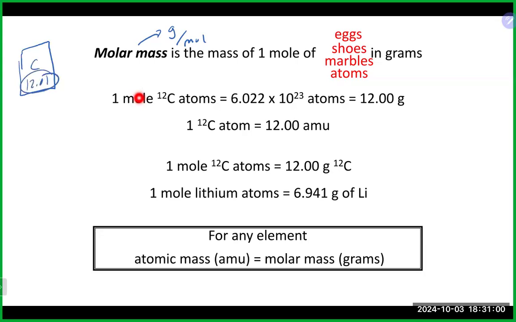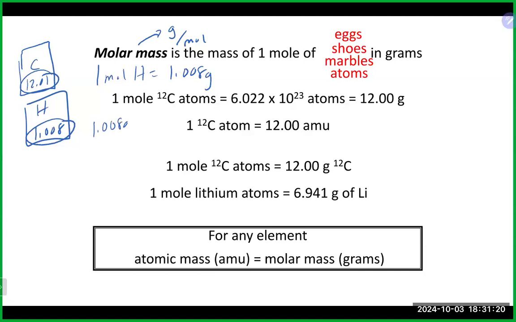It is that number on the bottom, and that is the molar mass, in addition to being the atomic mass of these things. And what that means is if I have 1 mole of hydrogen, hydrogen has 1.008 grams, basically. The molar mass of hydrogen is 1.008 grams per mole. And we can use it as a conversion factor.